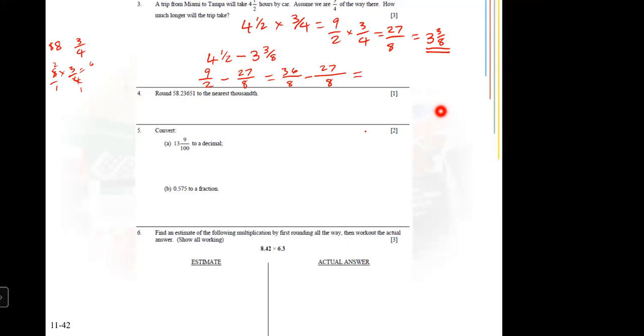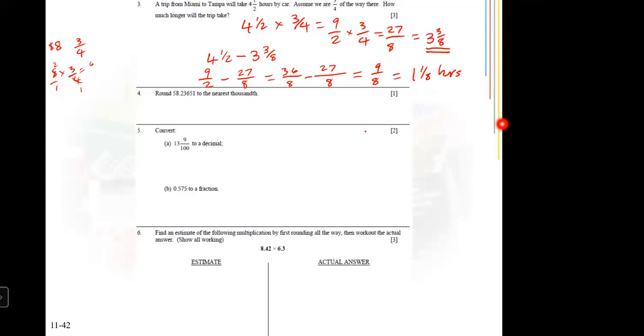When you subtract, you get 9/8, which is equal to 1 1/8 hours. Okay, so that's how you would solve something like that. You multiply the 3/4 times the 4.5 to find out how much you covered. So you're trying to find 3/4 of 4.5. And once you get your answer, you subtract it from the 4.5 to find out how much is left to cover.